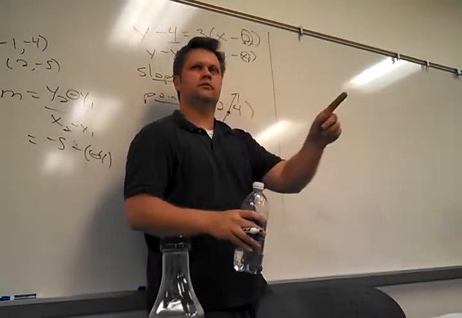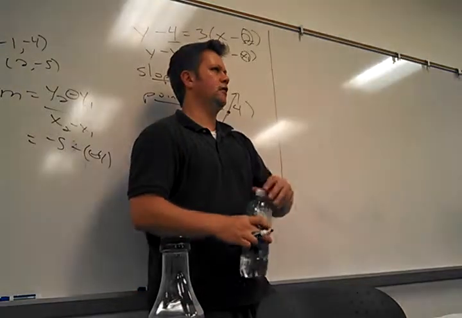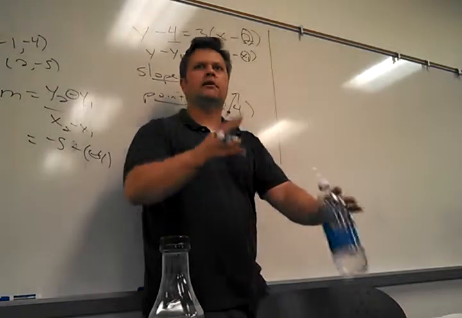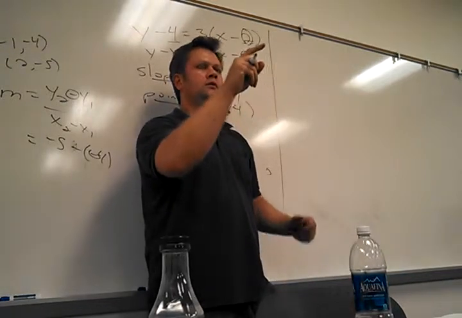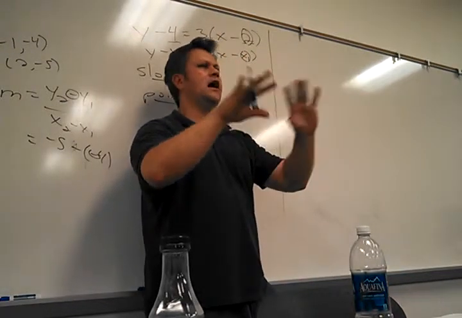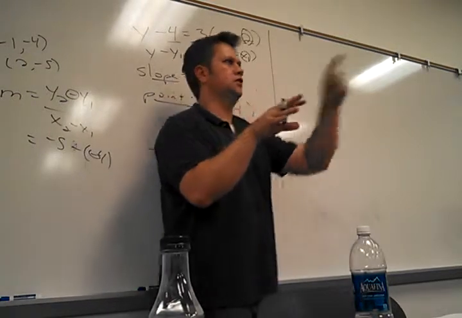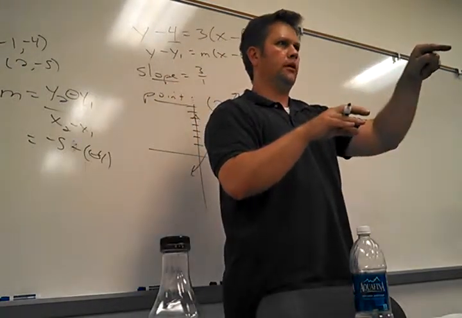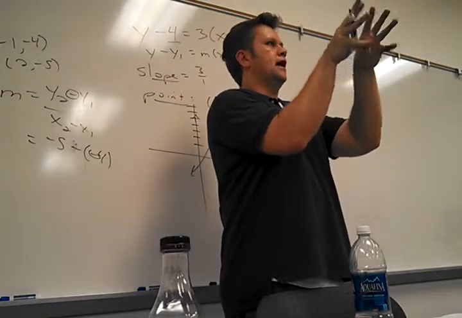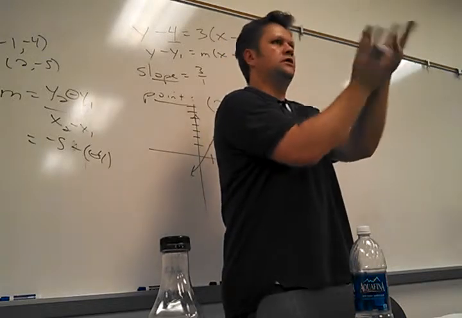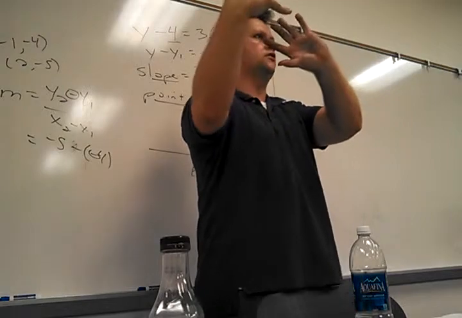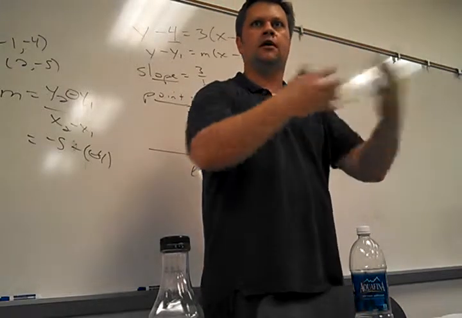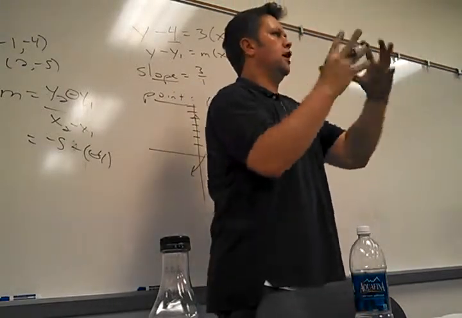Anybody know Pandora, the music thing online? Pandora uses, from what I've heard, above 500 dimensions. When you say you like a song or a band, it maps that. It has about 500 components of that song or band, and then it sees how far away those are from another song or band, and that's how it's able to tell you, try this one, it's close to what you like.